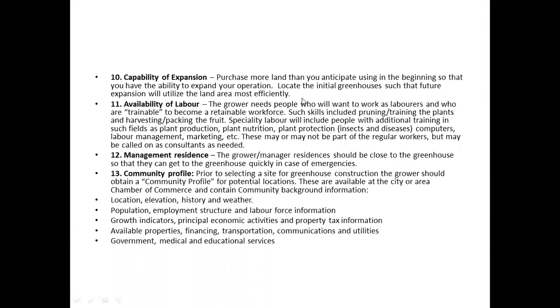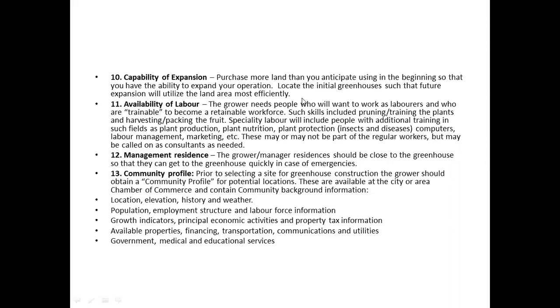So, in management residence, they have told that the grower or manager, who is the main person managing the greenhouse, should be residing nearby, so that in case of any quick emergencies, it is convenient for accommodation and for reaching the site.